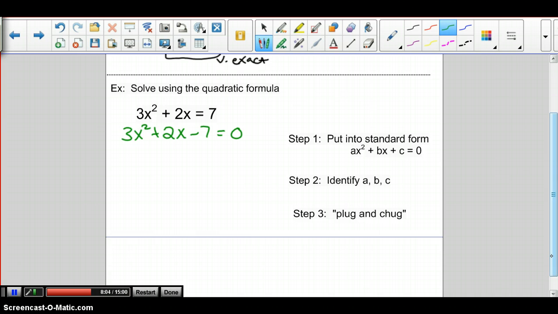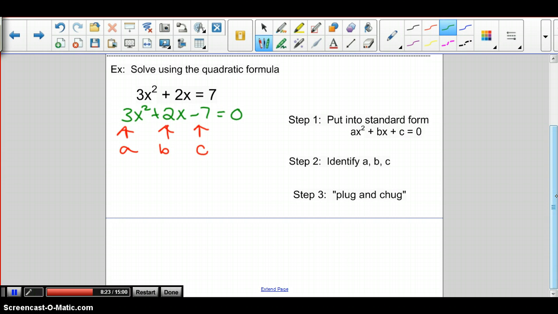Step 2 asks us to identify our a, b, and c. So here our 3 is our a, our b is 2, and make sure we remember that our c is a negative 7. Step 3, we're going to "plug and chug." So we're going to use our quadratic formula.